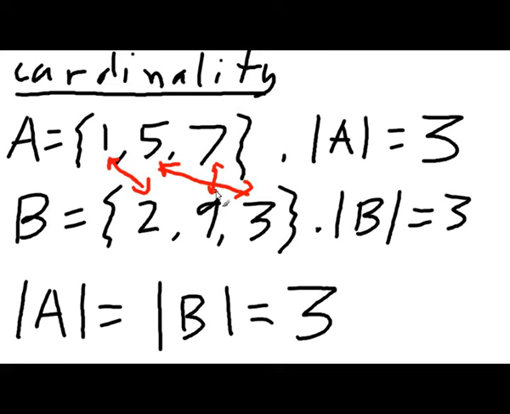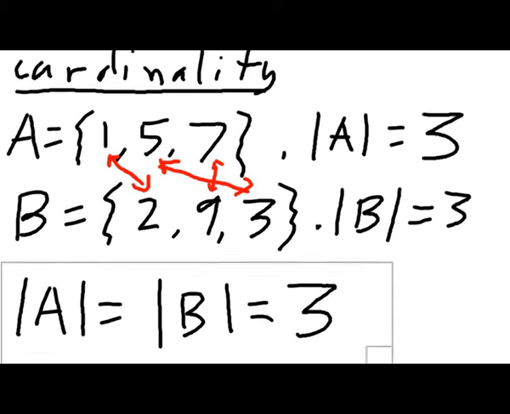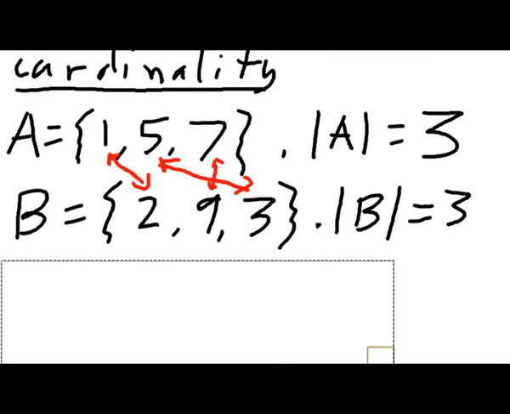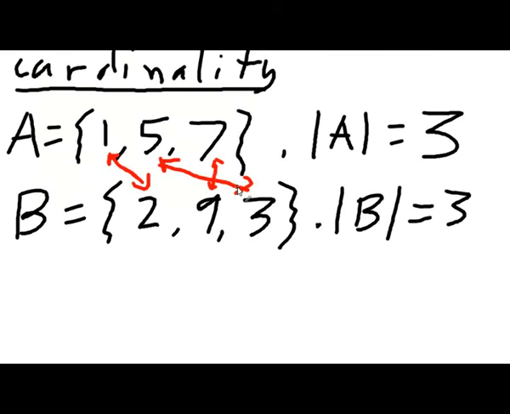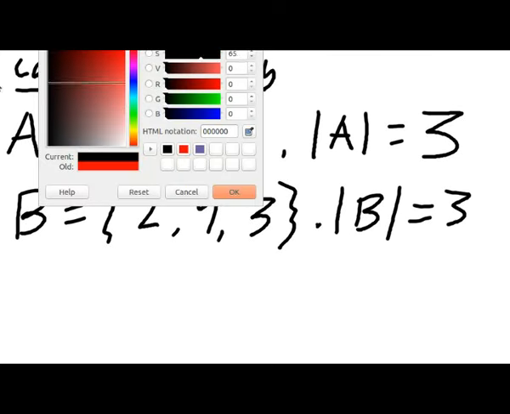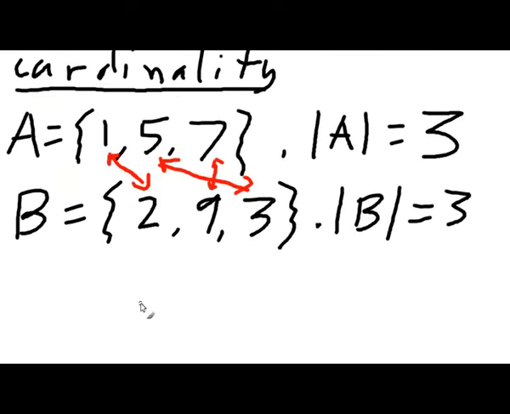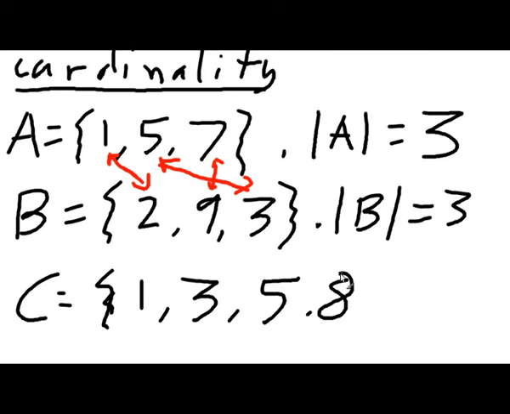If the cardinalities were different, say if B had 4 elements, let's pick an example. Let's pick C. Let me change the color of the stylus. Okay, so we have C equals 1, 3, 5 and say let's have 8 in here.